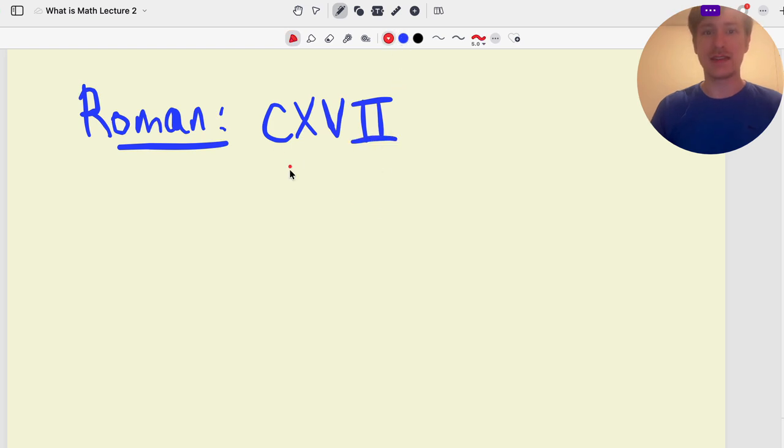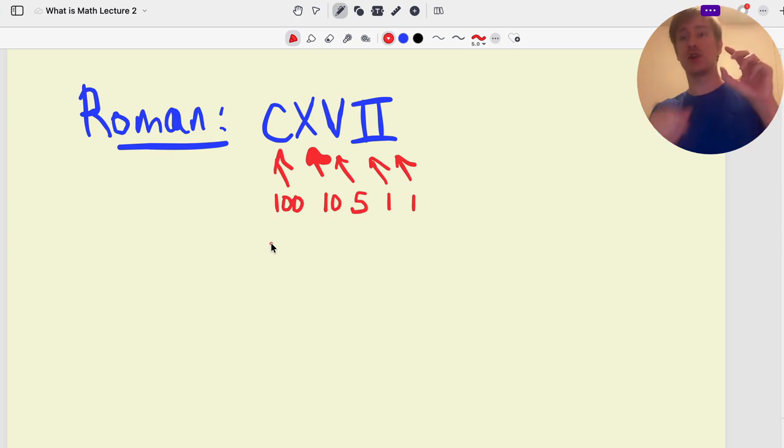And what that means is C for century. Okay, so that would be 100, and then X is 10. And then V is 5, and then each of the I's represent 1 each. Okay, so you have 1, and then this is another 1.